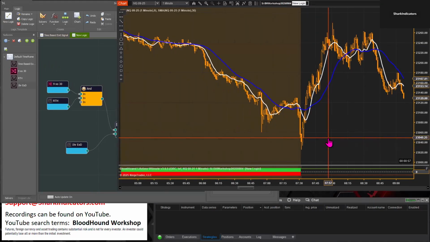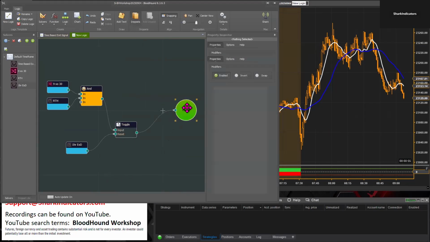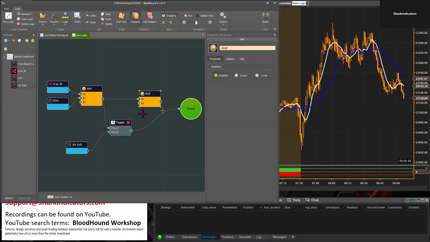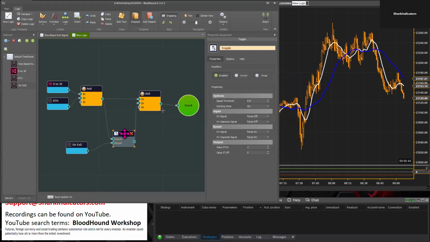And let's see here. All right, so I need one more AND node here, like so. And then I also need a delay mechanism.